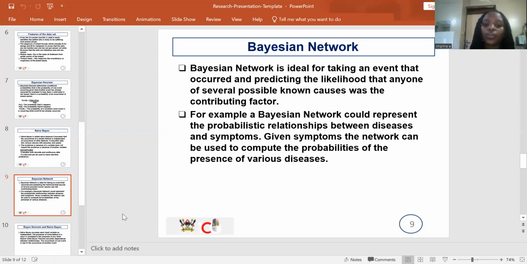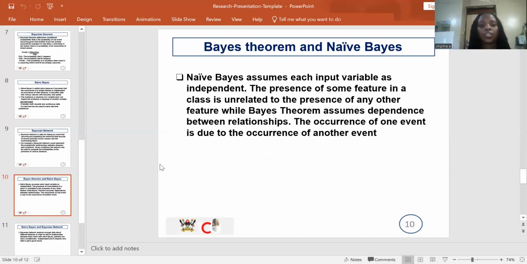Now we are dealing with cancer. If there is this symptom in a person, then there is presence of cancer cells, so someone has cancer.